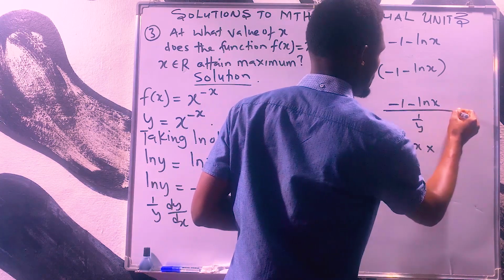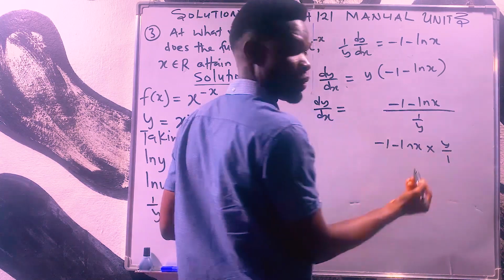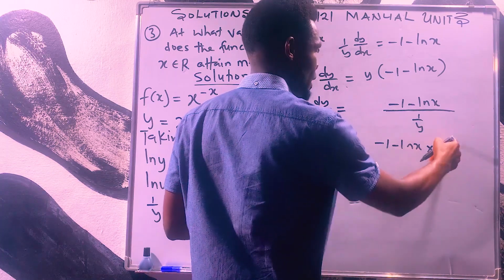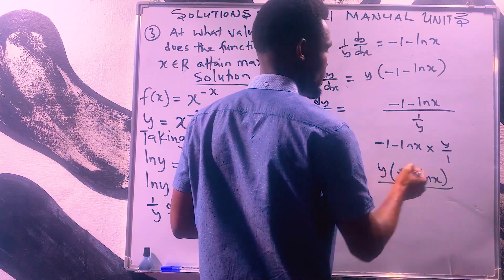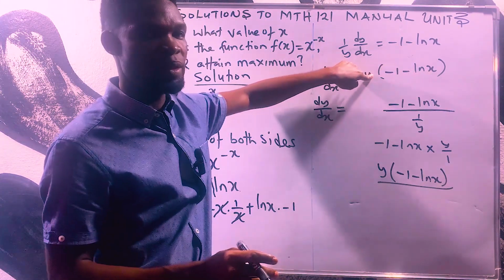When this one changes to multiplication, y will go up and 1 will come down. So you have minus 1 minus ln x times y, which is y into minus 1 minus ln x, divided by 1, which is the same thing as that. So that's what I did to get to this place.